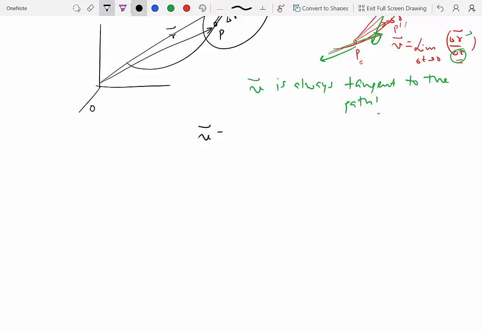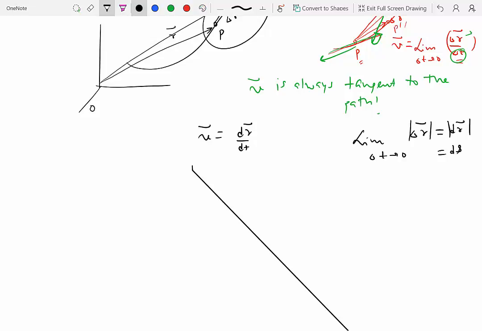We know that v is defined as dr over dt. Now, in the limit when delta t goes to 0, delta r, the differential displacement, is nothing but the distance traveled along the curved path. So in the limit, delta r is nothing but dr, and its magnitude is the distance traveled along the path.